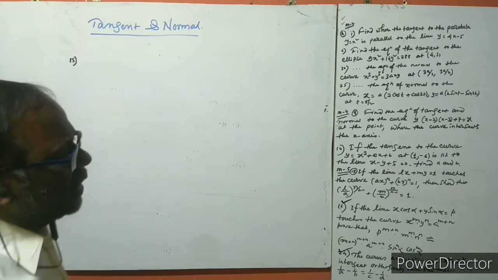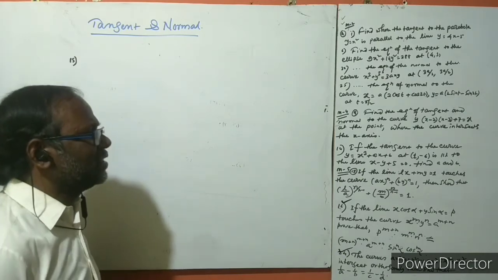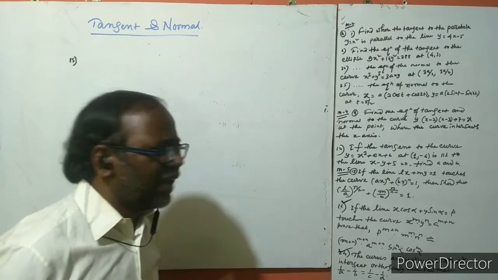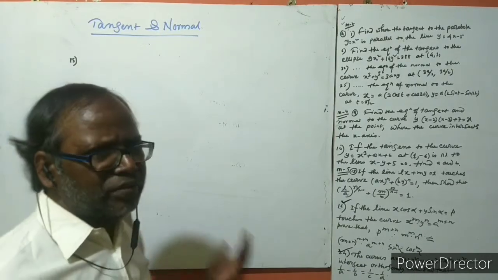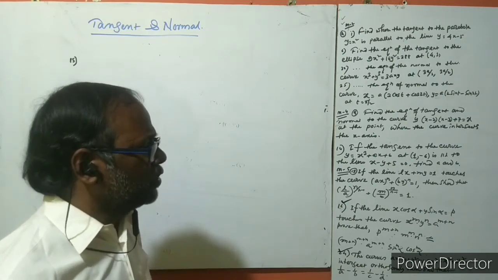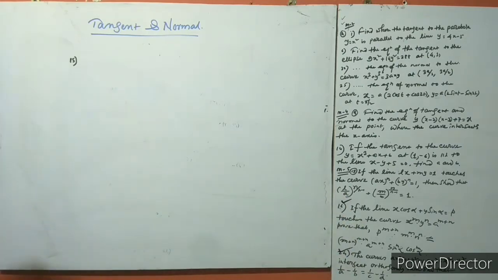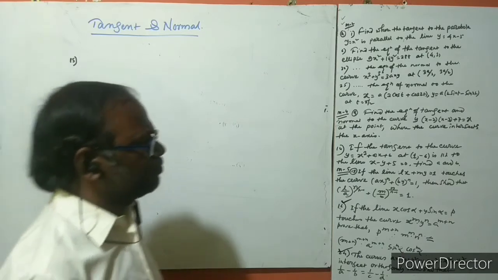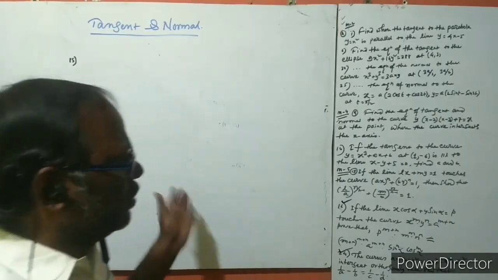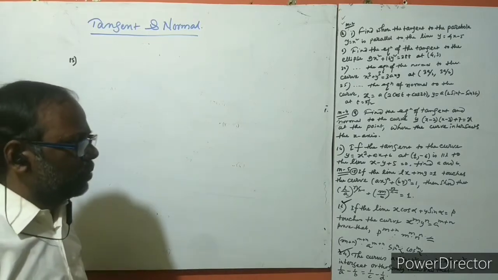It is given that Lx plus My equal to 1 is a tangent, and this touches the curve, this means tangent. So we find another tangent at the point x1, y1, then find the logic is this here. Okay, same problem.